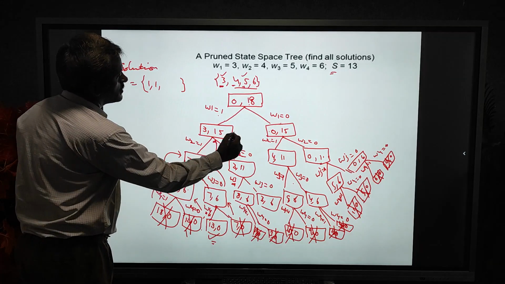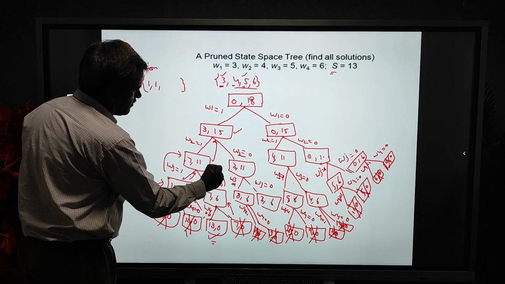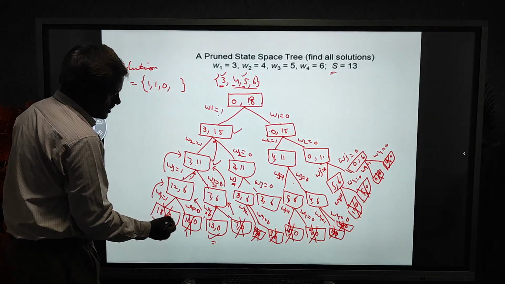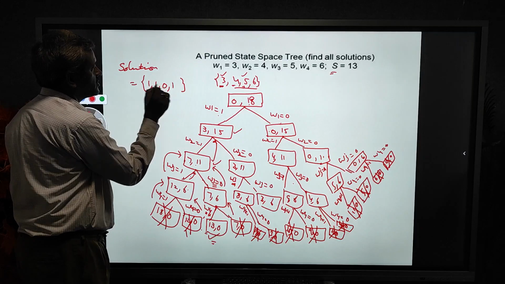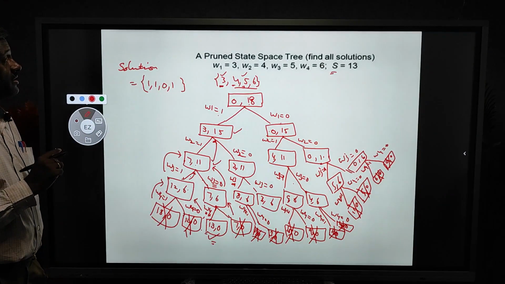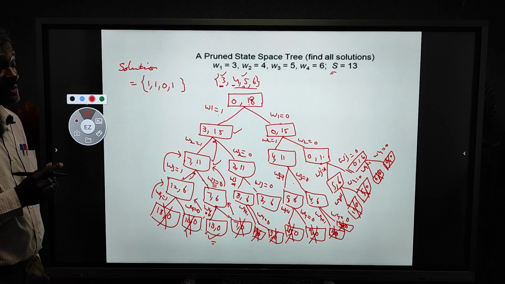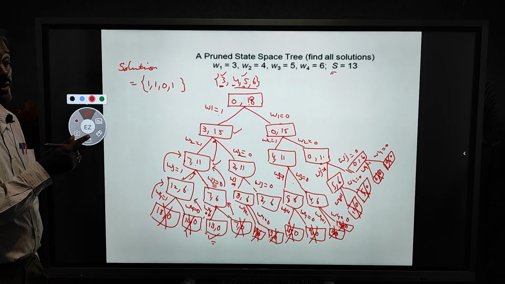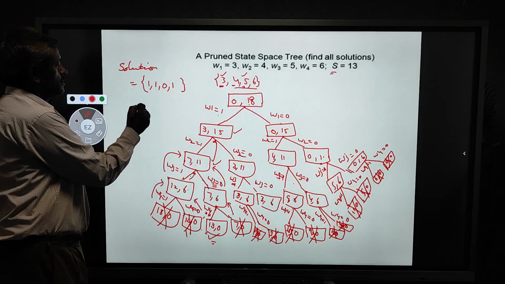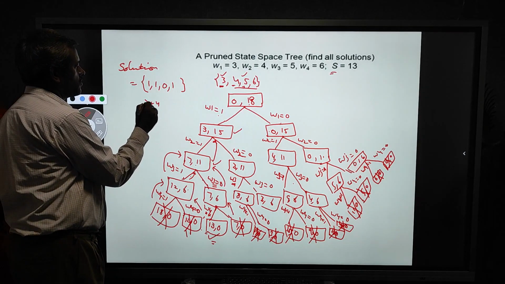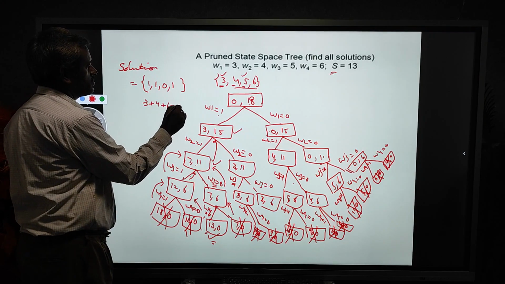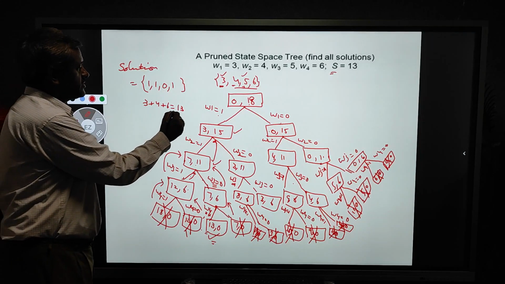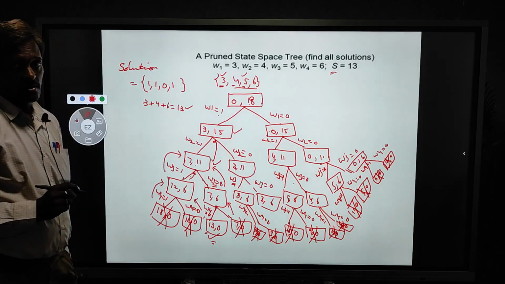W2 also we consider, we are not considering W3, that is 0, and we are considering W4, that is 1. So 1 1 0 1. 1 means I am considering 3. Again 1 means I am considering 4. I am not considering 5. I am considering 6. So 3 plus 4 plus 6 is going to be how much? 13. Okay, so this is the only one solution you got.